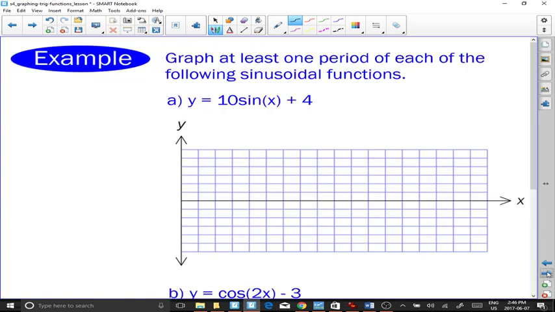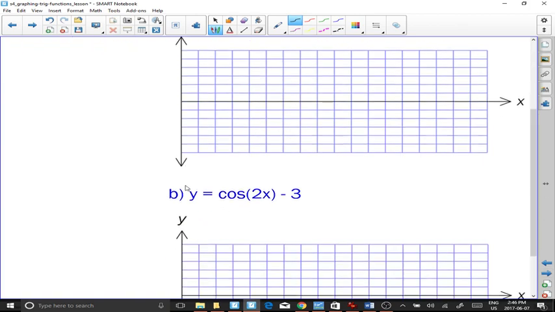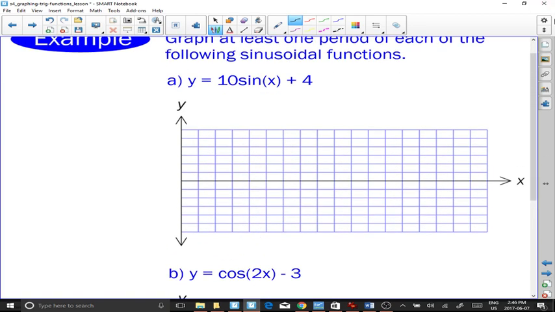So let's get down to business. Here we go. Let's graph at least one period of 10 sine x plus 4. Now, in these examples, I see there is an example with cosine for part B, and we'll ignore that question.